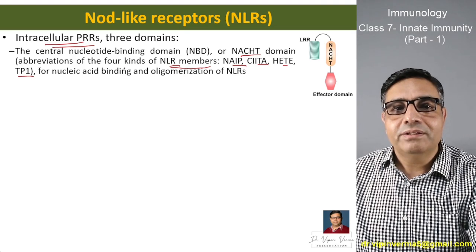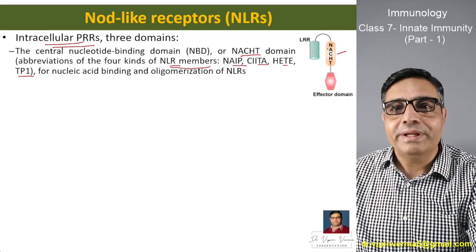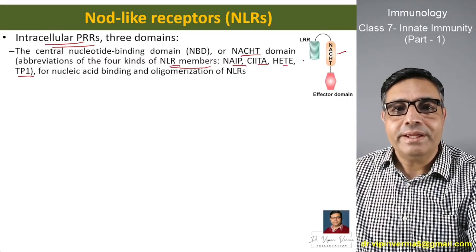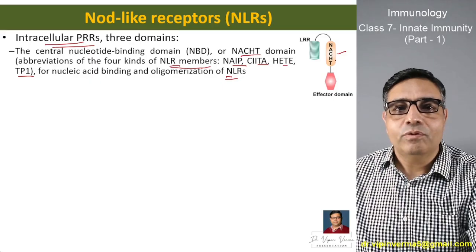We abbreviated all these four and made the name NACHT domain, for nucleic acid binding and oligomerization of NLRs. So this is the central domain.